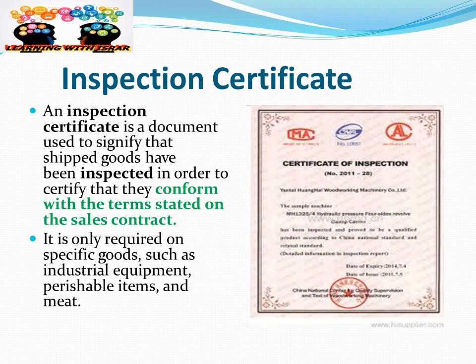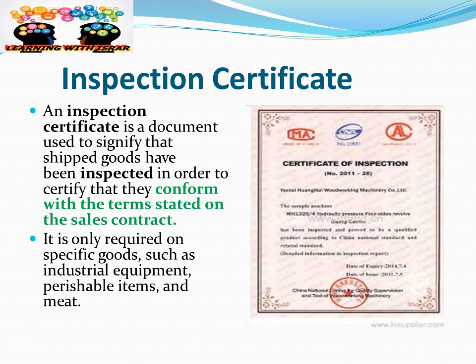Then there is an inspection certificate. If some goods need it, or there is a condition, we also have to send this document. An inspection certificate is a document used to signify that shipped goods have been inspected in order to certify that they conform with the terms stated in the sales contract or letter of credit.